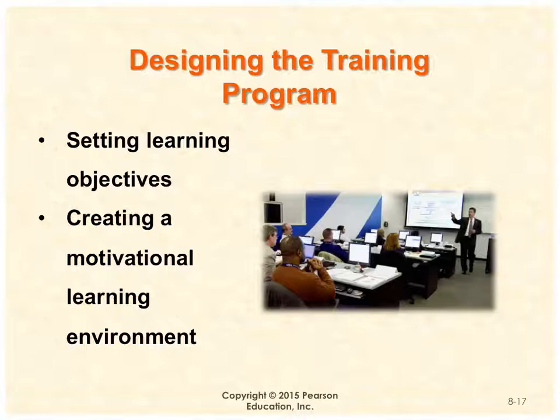So you want to create an environment that people want to learn, they want to do better, they want to receive the information you're training. If they're not motivated, it doesn't matter how many different ways you show it to them, they're just never going to learn it.